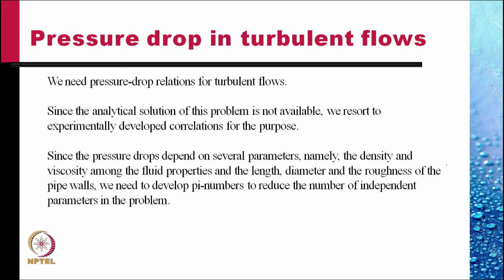Since the pressure drop depends on several parameters, namely the density and viscosity among the fluid properties, and the length, diameter and roughness of the pipe wall, we need to develop pi numbers to reduce the number of independent parameters in the problem, using the techniques that we learned in the last few lectures.